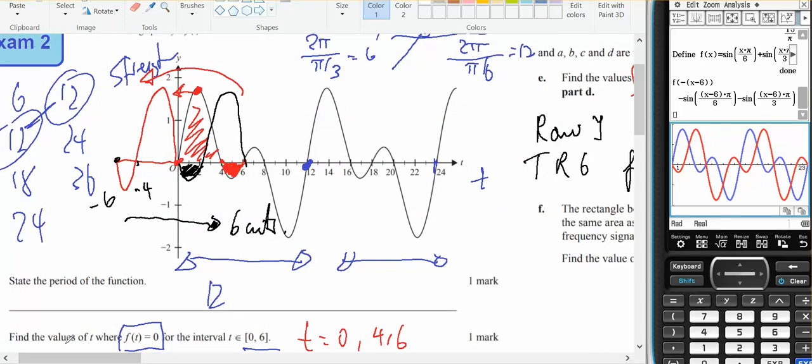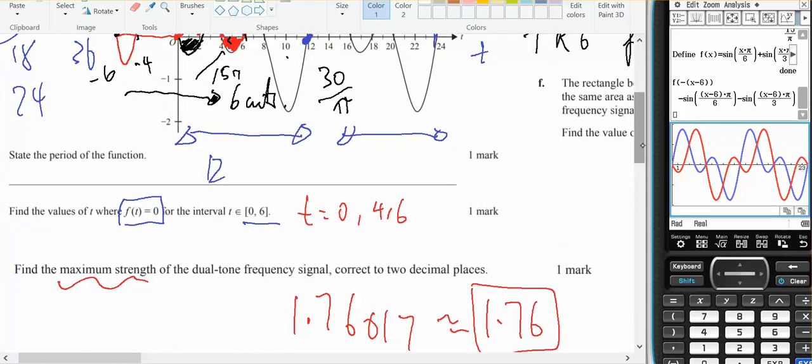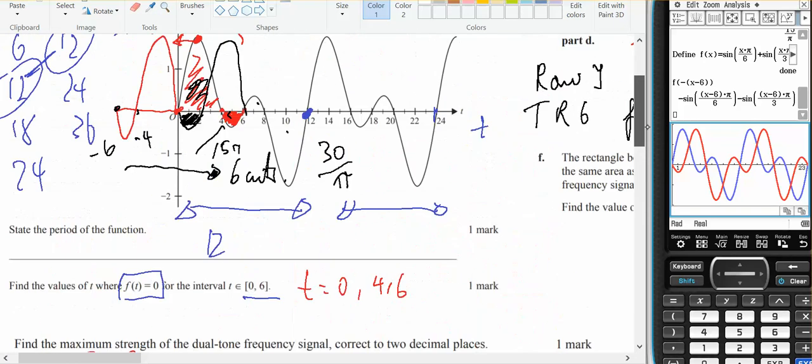Okay, I know that that was 15 on pi, but that's only half a period. So for one period, there's going to be another 15 on pi, so it's going to be 30 on pi.